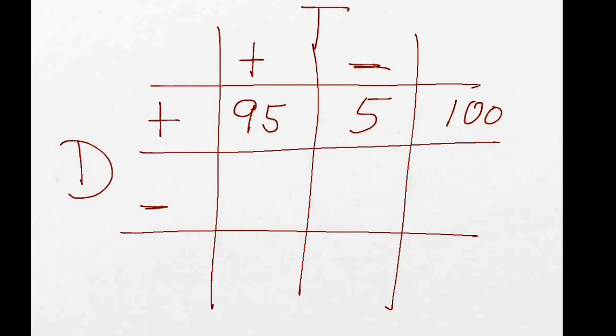How many people test negative and are disease-free? We are looking for minus D minus T. That is 94,900 exactly. How many people test positive but don't have the disease? 5,000.